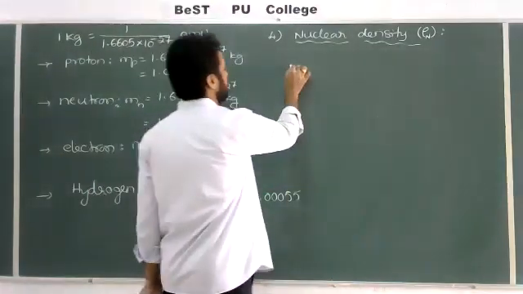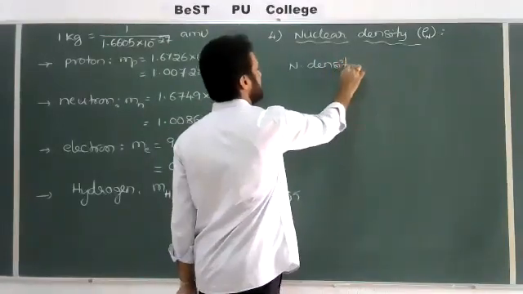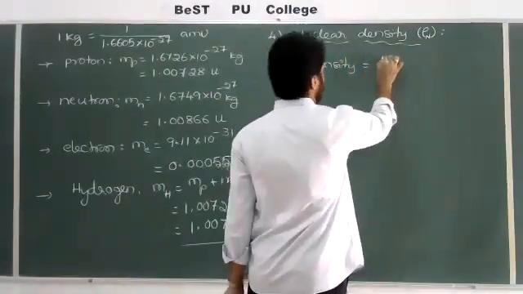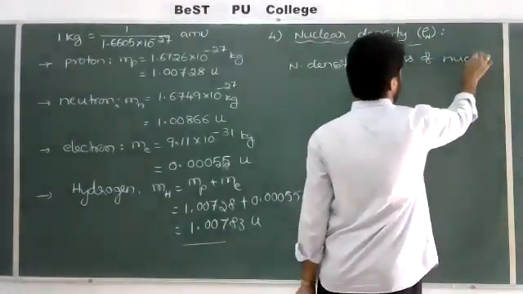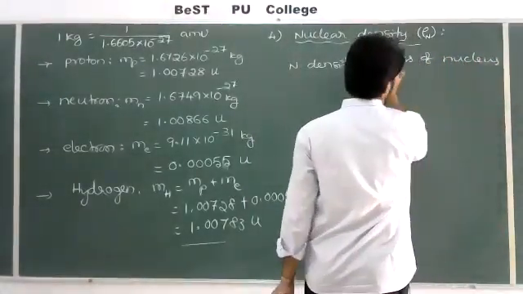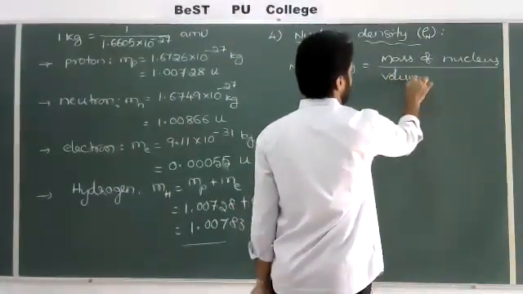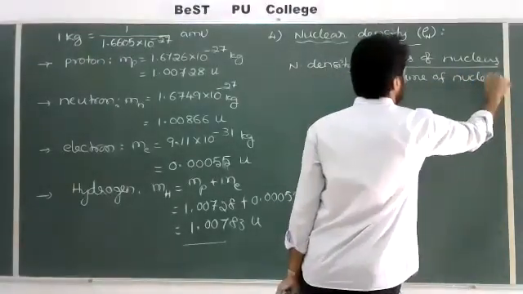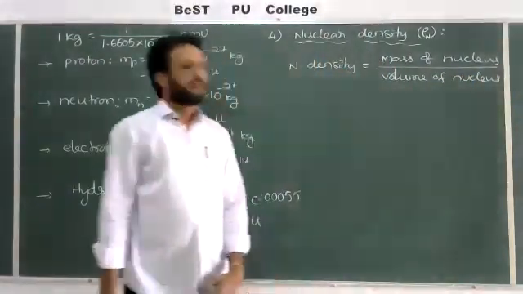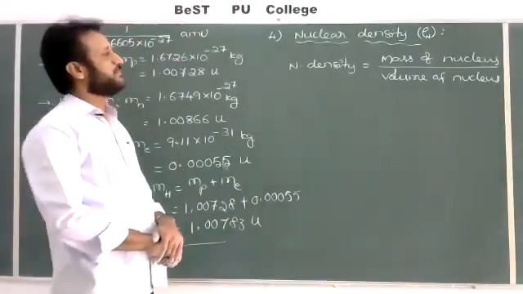So if you want to find the nuclear density, it is the ratio of the mass of the nucleus divided by the volume of the nucleus. When we divide both, we will get the nuclear density. Normal matter density means generally mass per unit volume: mass of the given substance by volume of the given substance.